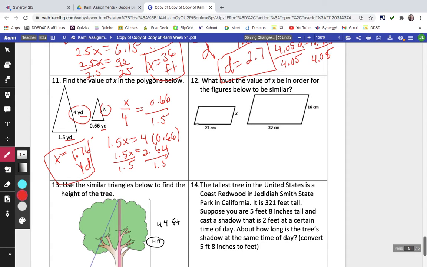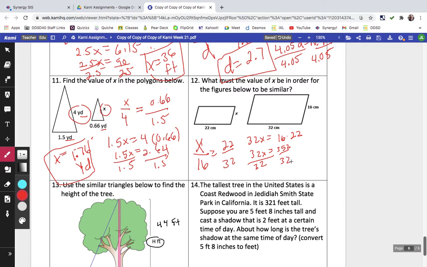Okay, so 1.76. What must the value of x be in order for the figures to be similar? So let's do x over 16 equals 22 over 32. So 32x equals 16 times 22, which is 352. So 32x equals 352.